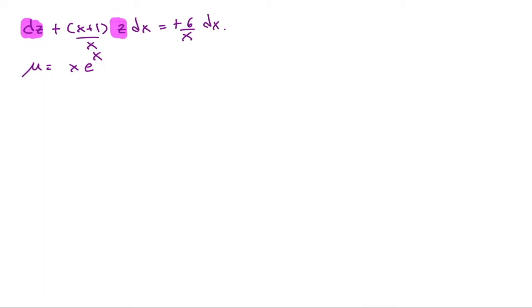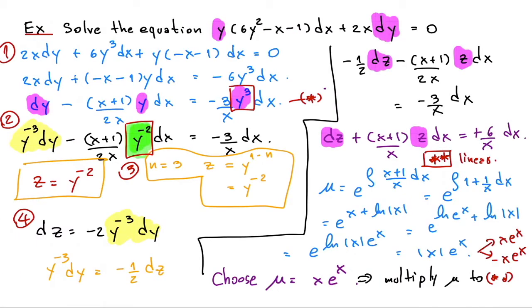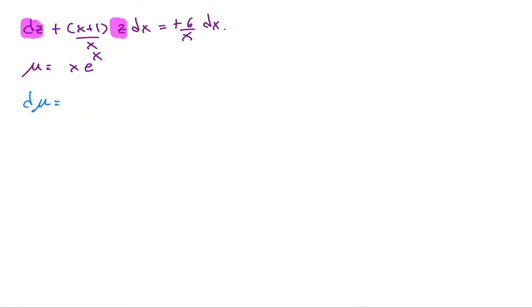So the next step is that I multiply mu. First, I almost forgot, I need to find d mu first, right? What is mu? I will copy this mu to the next page as well. That is the mu. As I told you, I won't differentiate mu with this one.